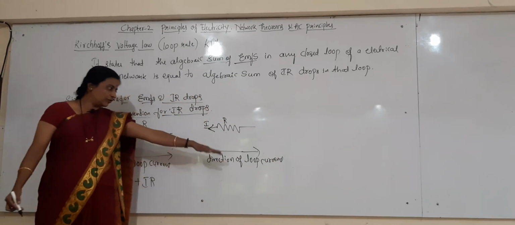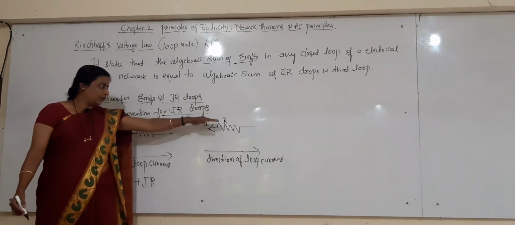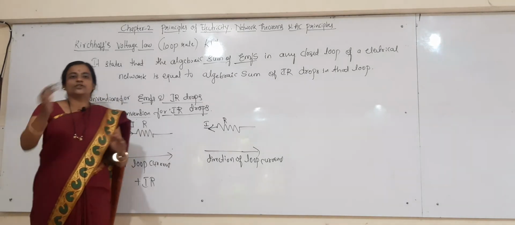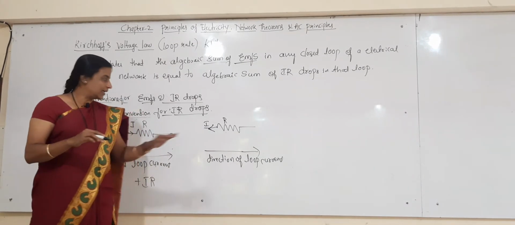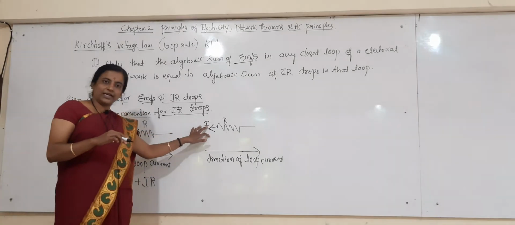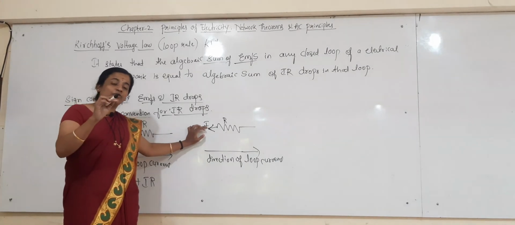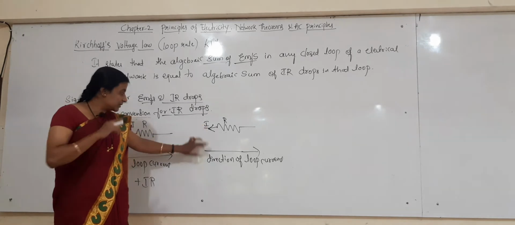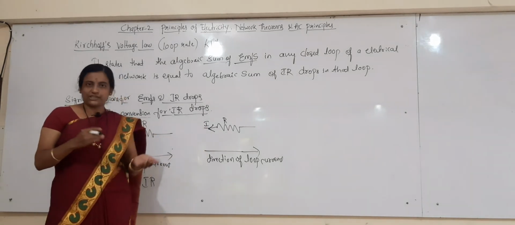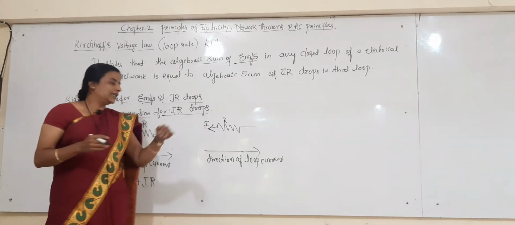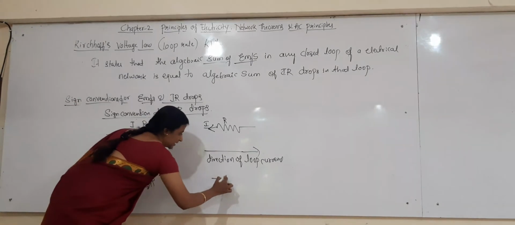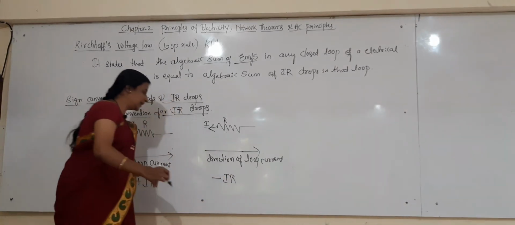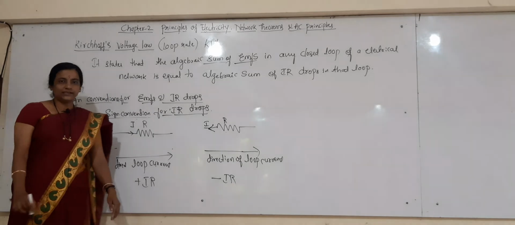The direction of loop current and the current flowing through the resistor, that is also called the conventional direction of current. So, this one is called conventional direction of current, that is going to be supplied by your EMF of a cell. So, if both the currents are opposite to each other, then we take that IR drop as minus IR. So, that is considered to be minus IR.